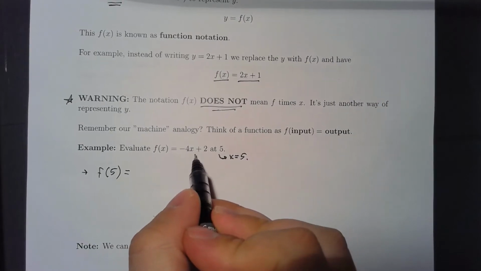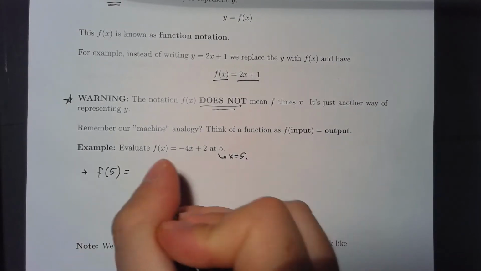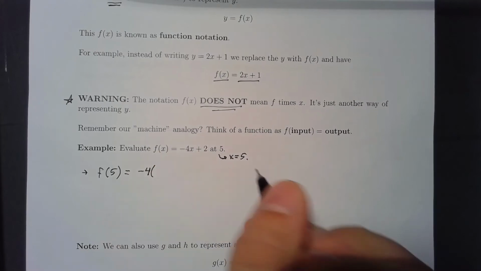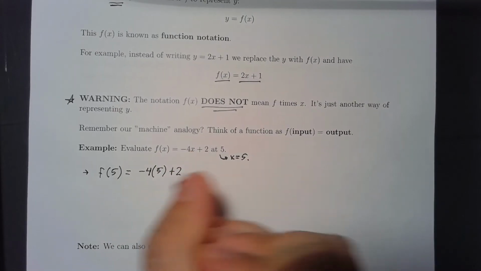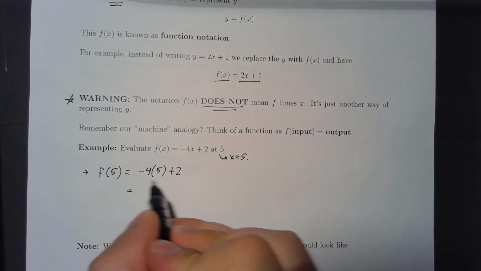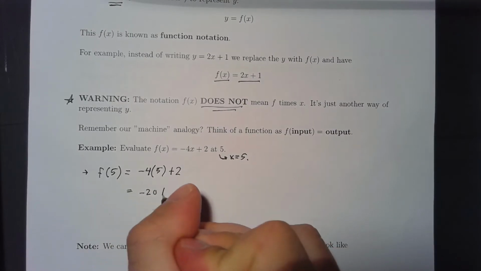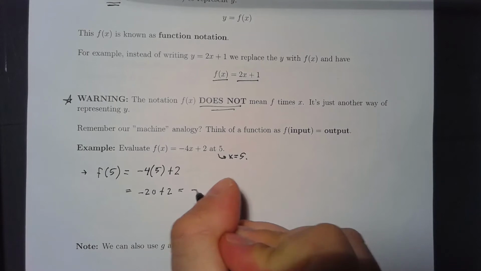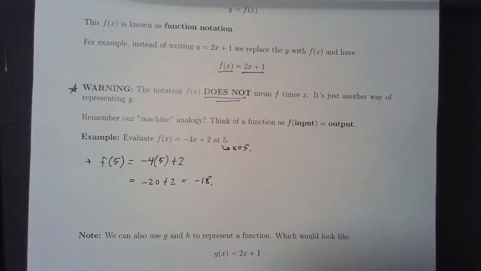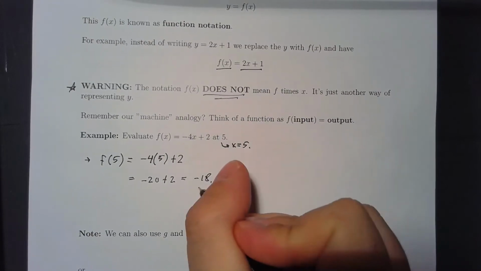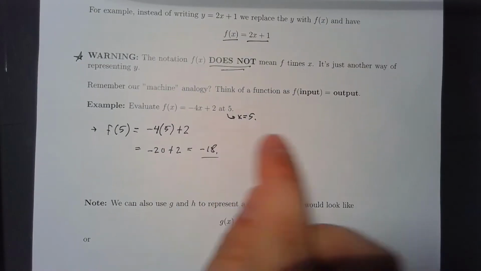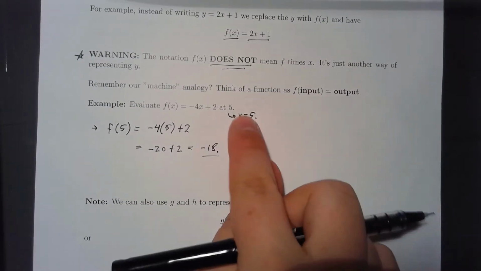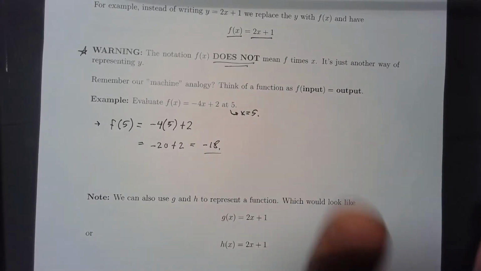Wherever I see an x, I replace it with 5. So I'm going to have negative 4 times 5 plus 2. This is going to be negative 20 plus 2, which is negative 18. And that's the answer. So when you plug 5 into this function, think of it as the input. My input was 5, my output was negative 18.